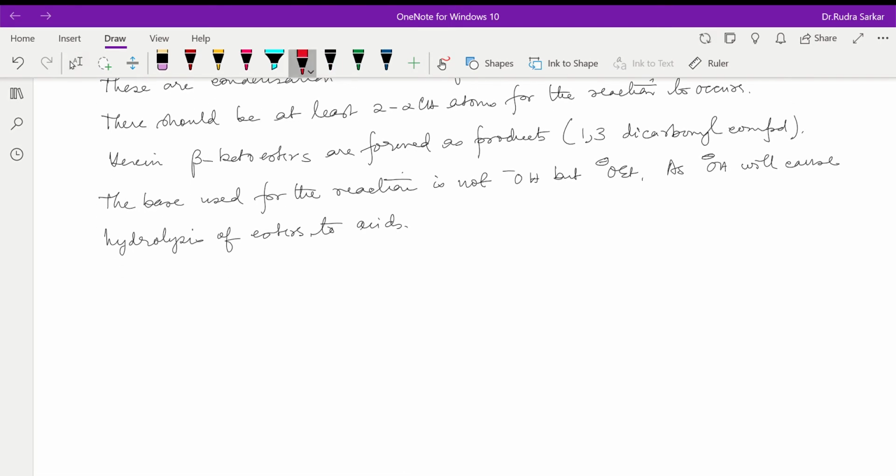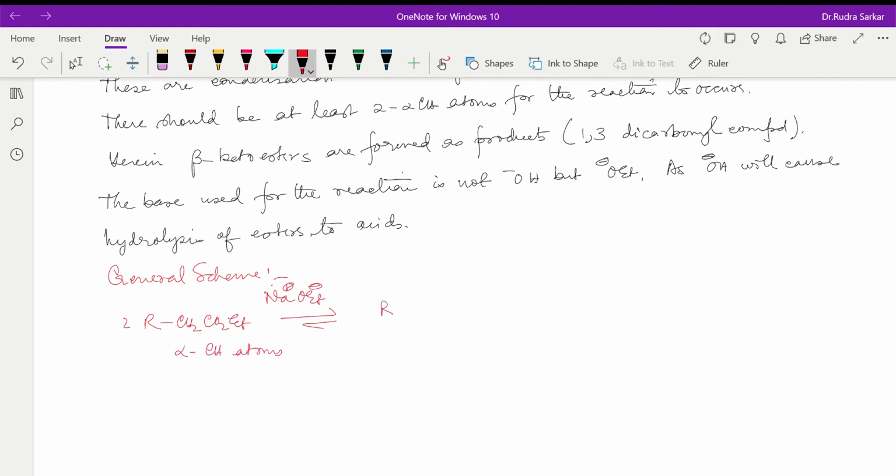Okay, let's look at the general scheme of the reaction. So if you have RCH2CO2 and a base something like sodium ethoxide is used, then the product that we'll be getting, it's better to keep RCH2CO2 because we need these alpha CH atoms.